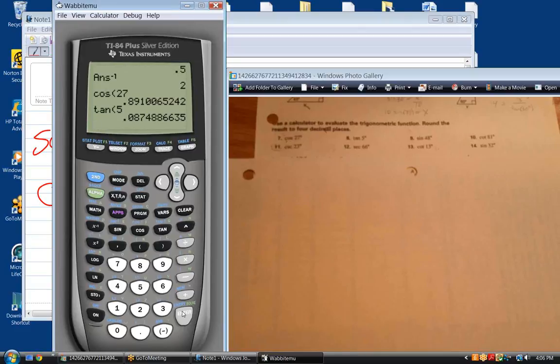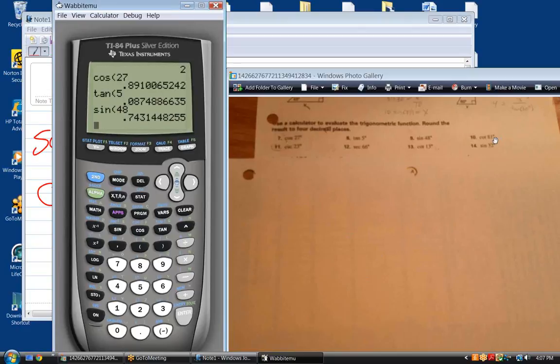So it would be .0875. Okay, cool. And the sine of 48 degrees. .7431. Round it off, okay.